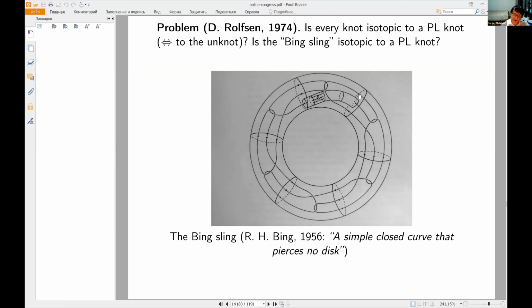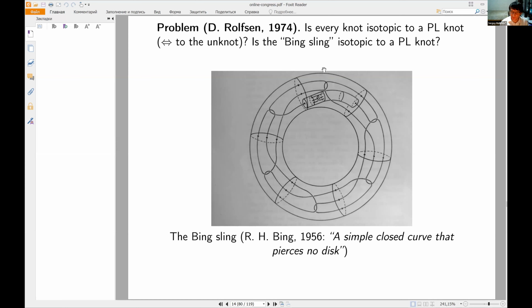Inside of it, there is a knot, and then there is a smaller solid torus, which is a regular neighborhood of this knot. Then inside of this smaller torus, you have a very similar picture with more periods. And then you take a regular neighborhood of that knot, which is a still smaller solid torus. And then you keep going, and you take the intersection of all those solid tori.